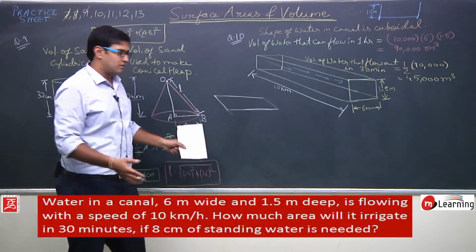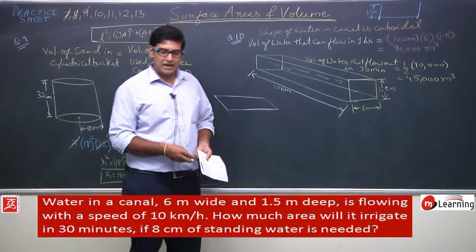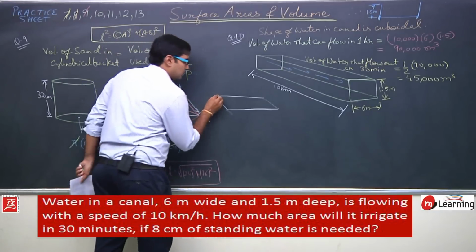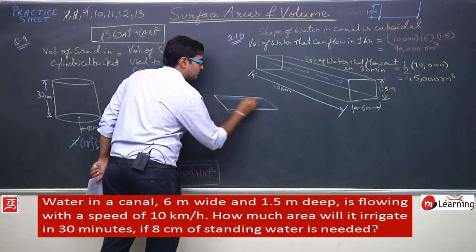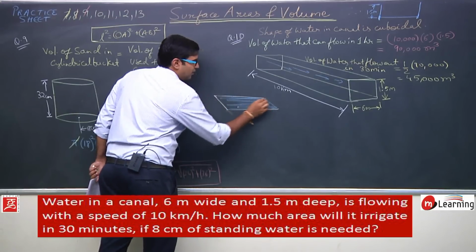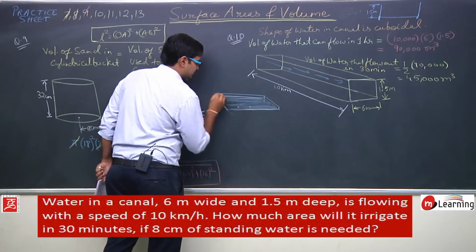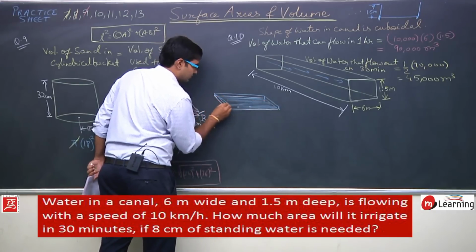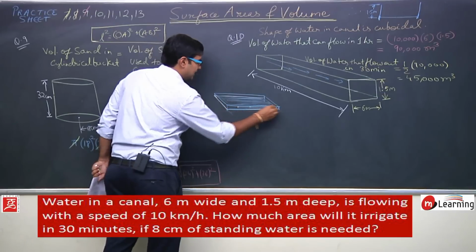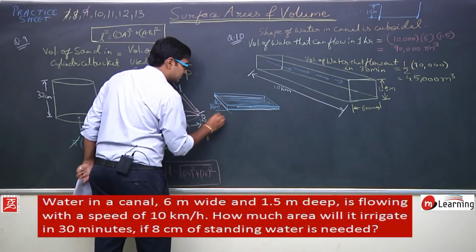If I am talking about land, I assume that it is a rectangular shaped land. On this land, if I put water, the level of water required for irrigation should be at least 8 centimeters.